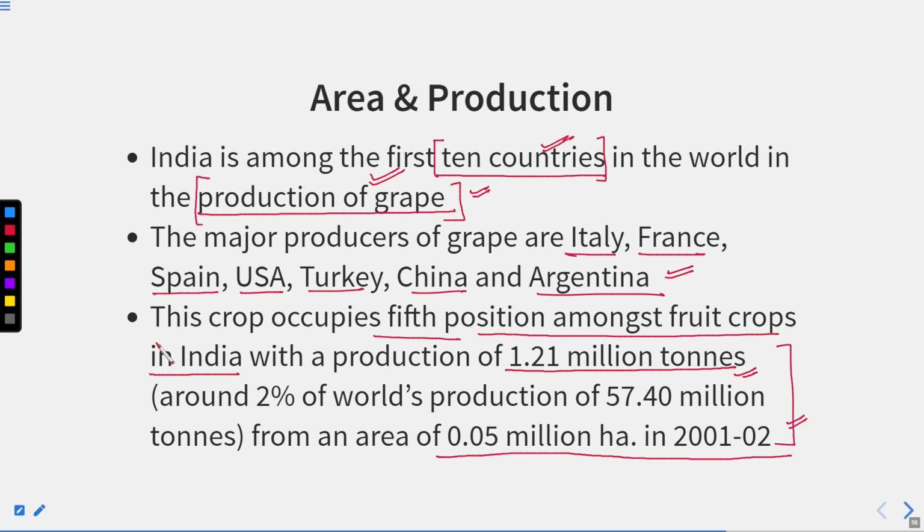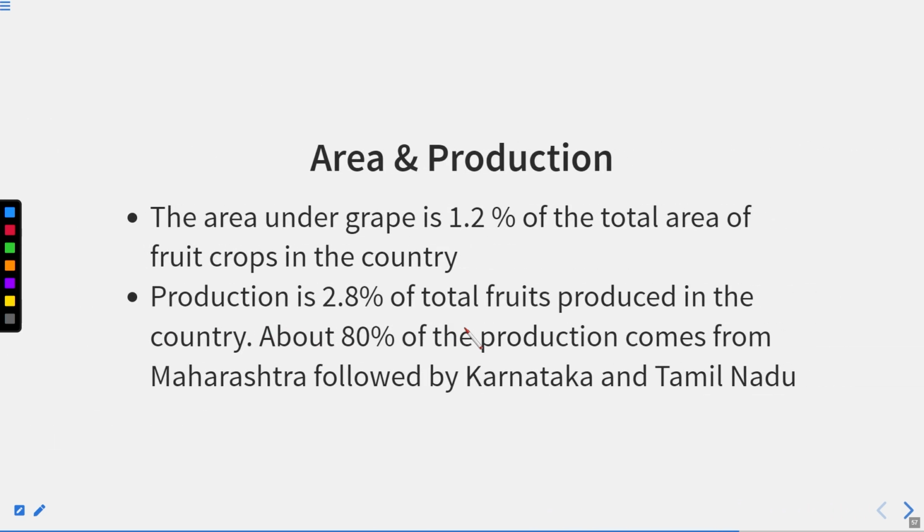This is the data on how much land India uses for this fruit, and how the production compares with the whole world, that is, 2% of world production.